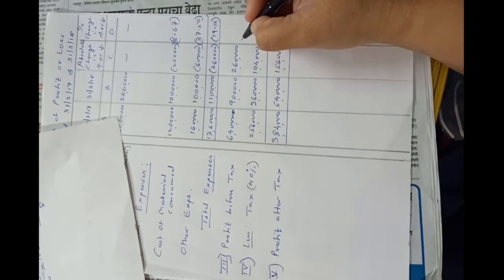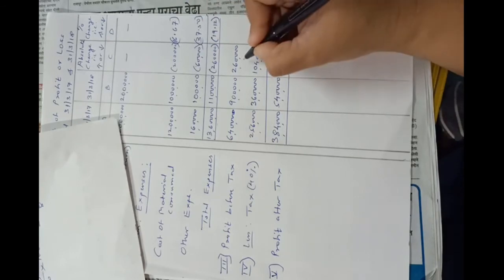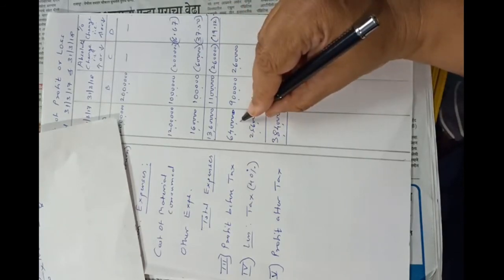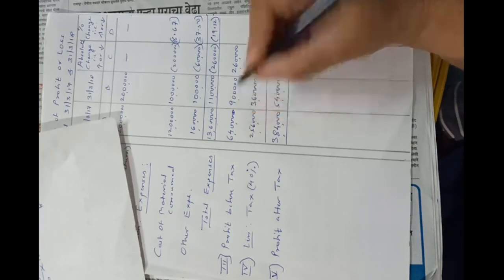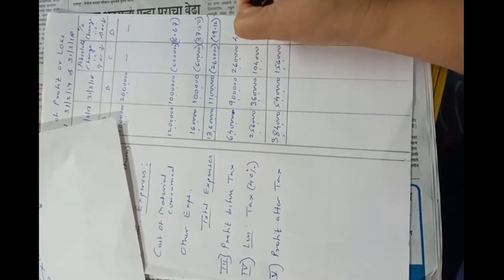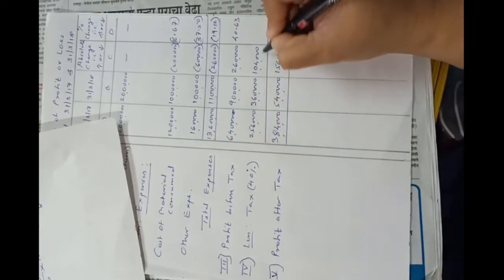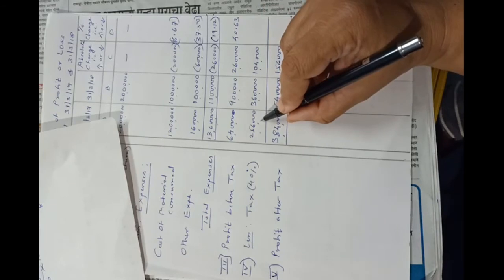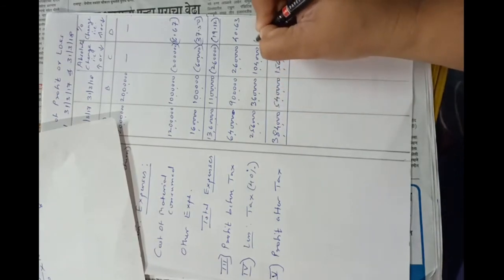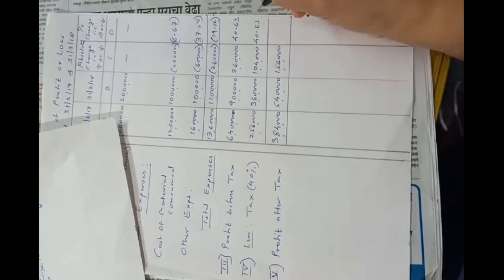Okay. Then profit before tax 2,60,000 divided by 6,40,000 into 100. So it will be 40.63, which is positive because all the amounts are positive. 1,04,000 divided by 2,56,000 into 100. So it is again 40.63.